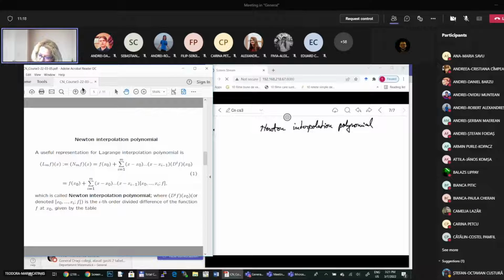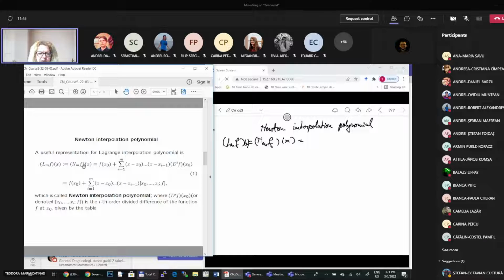We may denote the polynomial as we have denoted for the classical form using L_m f, or there also exists the notation for this form as N_m f, from Newton, as you wish. Both of them are used.